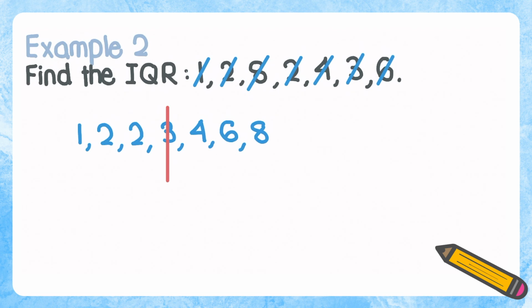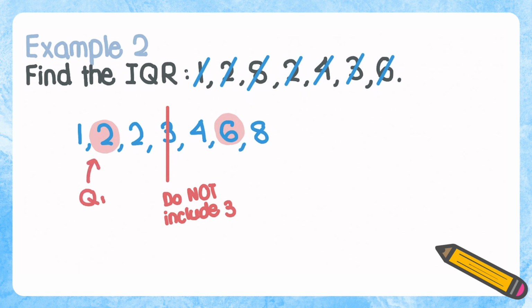Remember, in this case, we do not include the median in the lower or upper halves. So 3 is not included in the lower half, 3 is not included in the upper half. So the lower half, we have 1, 2, and 2. What is the middle of that lower half? It's 2. And then the middle of my upper half is 6.